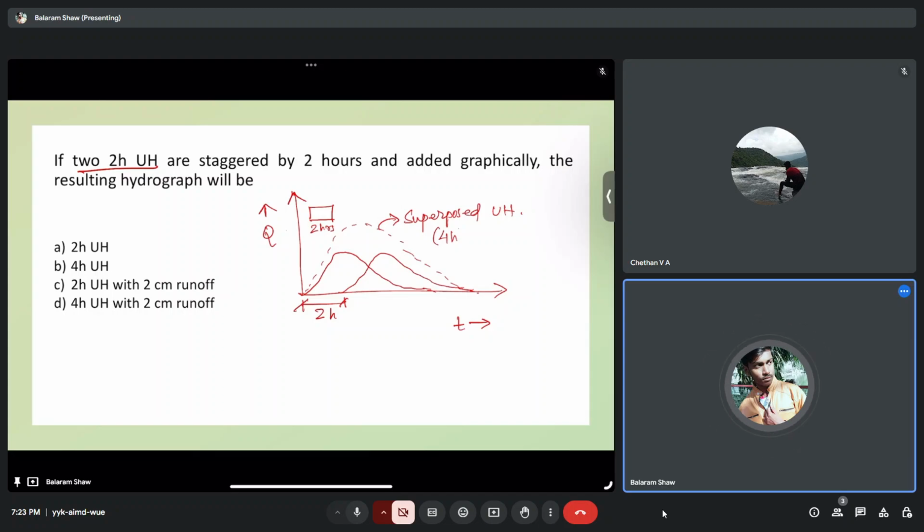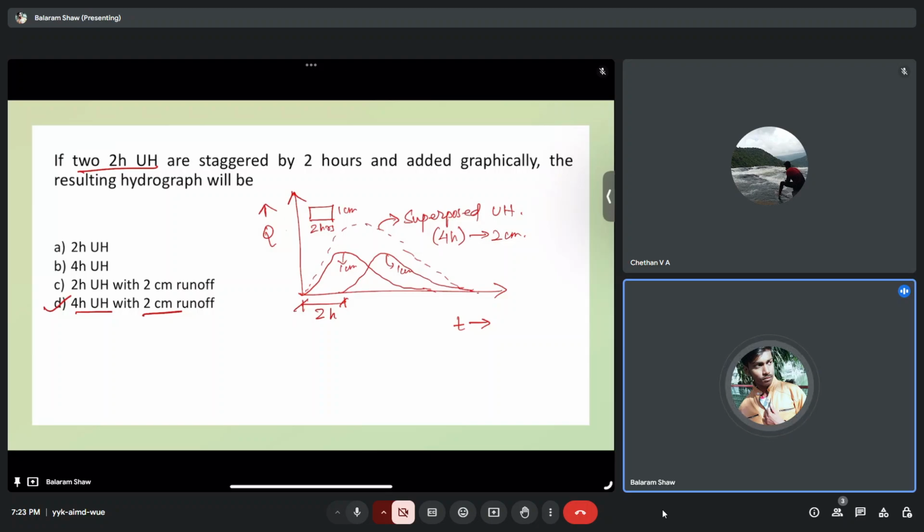Unit hydrograph is of unit depth, right? So this is 1 centimeter and this is also 1 centimeter, so the total will be 2 centimeter. If you divide this by 2 centimeter, then you will get the 4 hour unit hydrograph, but the one which you will get is 4 hour unit hydrograph but with 2 centimeter runoff. So the correct answer will be D. Okay, any questions?